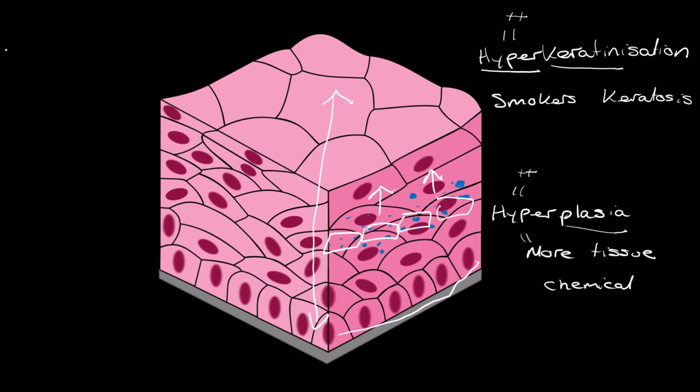And then the last type of adaptation that I want to talk about is what we call dysplasia. So we said already that plasia relates to tissue. Dys means something's wrong, like dysfunctional. So dysplasia is what we would call a pre-cancerous adaptation.